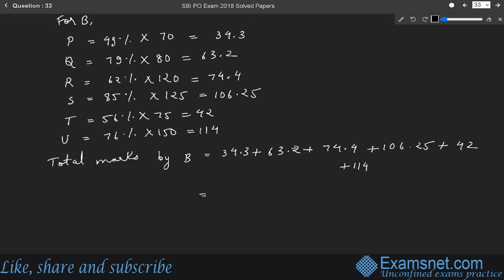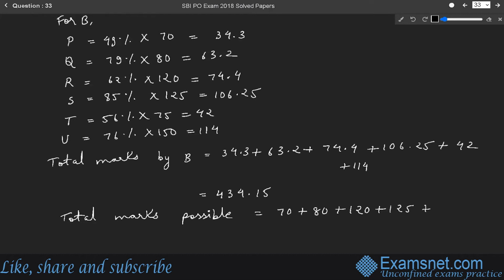So it will be equal to 434.15. Now, total marks possible will be equal to 70 plus 80 plus 120 plus 125 plus 75 plus 150. So it will be equal to 620.